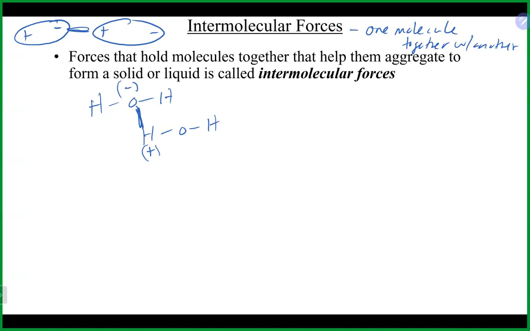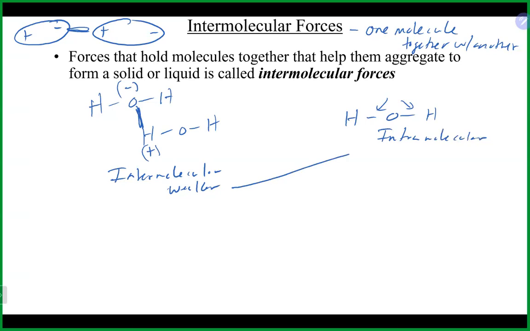Once again, the intermolecular force here is always weaker than our intramolecular force that we talked about a second ago. We know that from a very simple explanation that we've probably talked about previously.